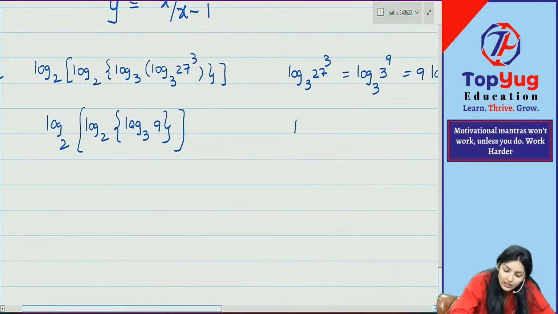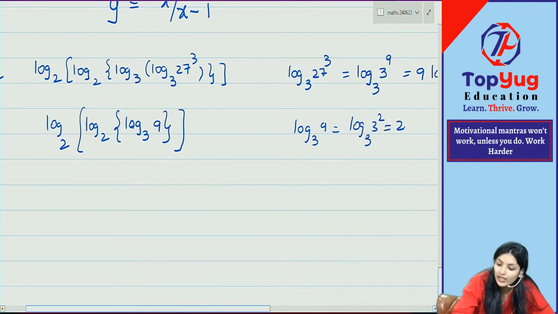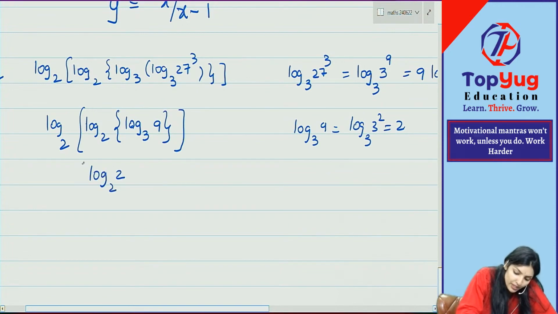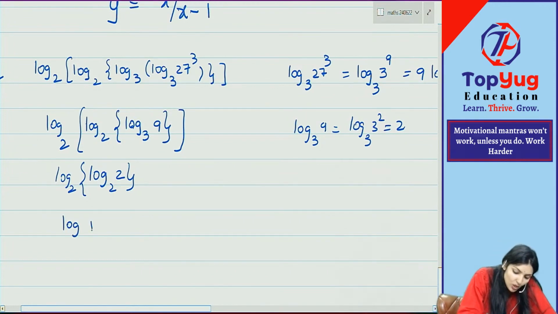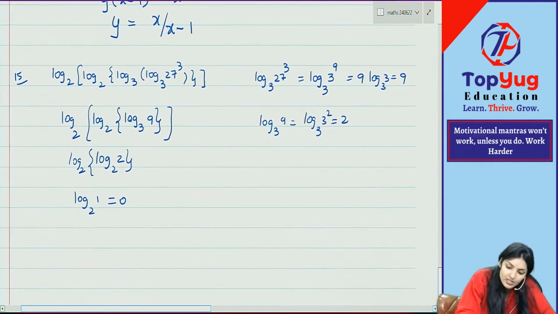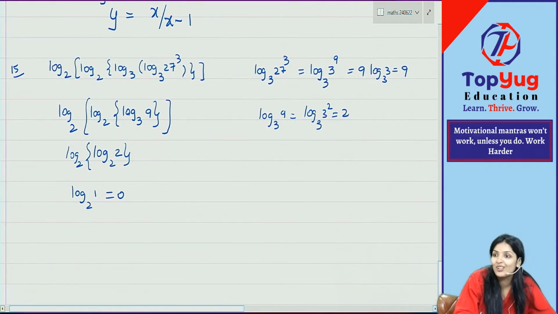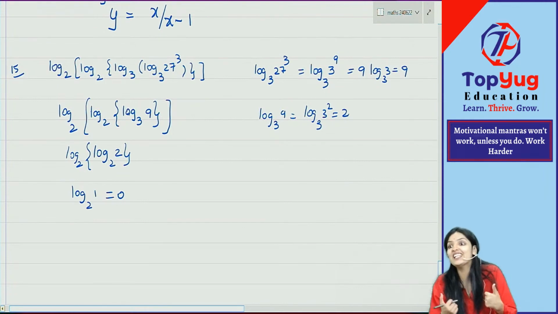Log 9 to the base 3, I can write it as 3 square base 3, so 2 I can write directly. So this is log 2 to the base 2. This will become 1. So this is log 1 to the base 2, answer is 0. That's what I said: log 1 is always 0, log 10 is 1.